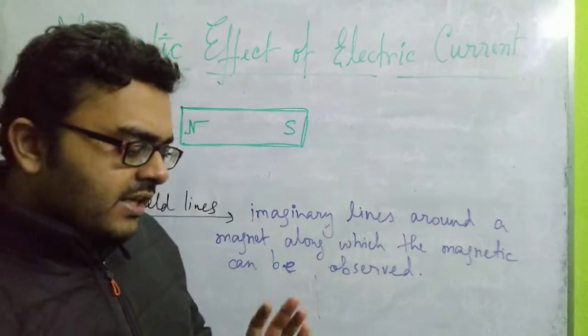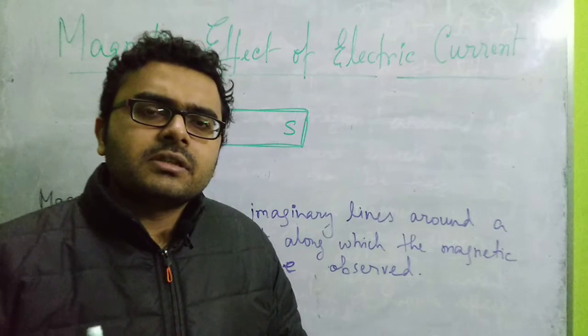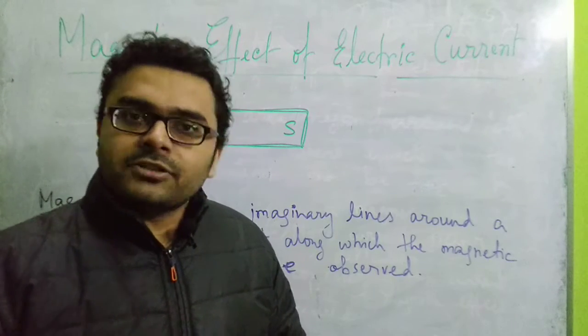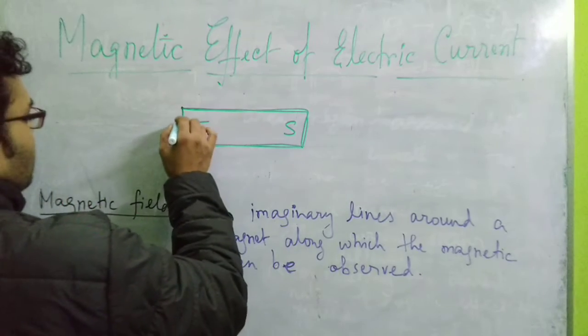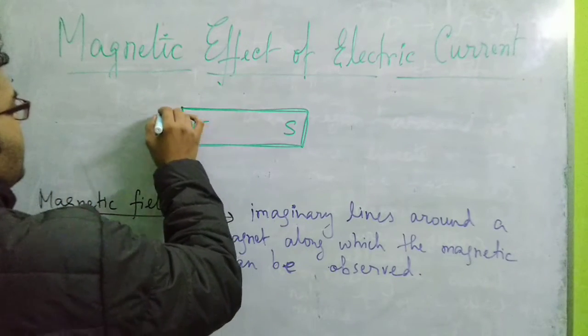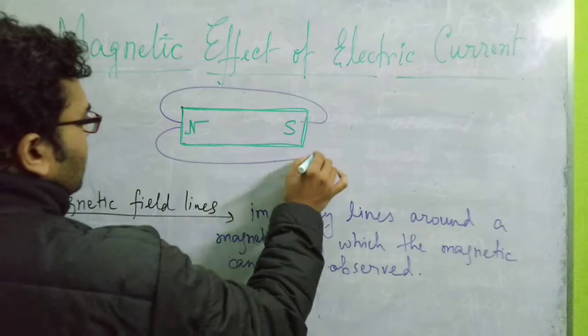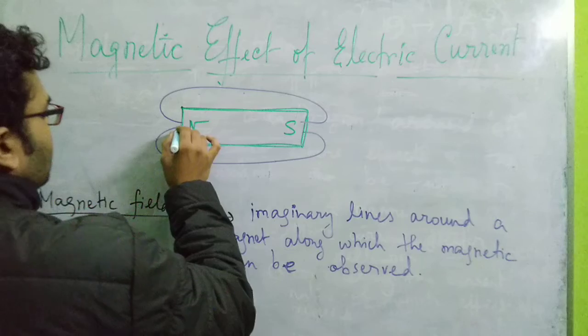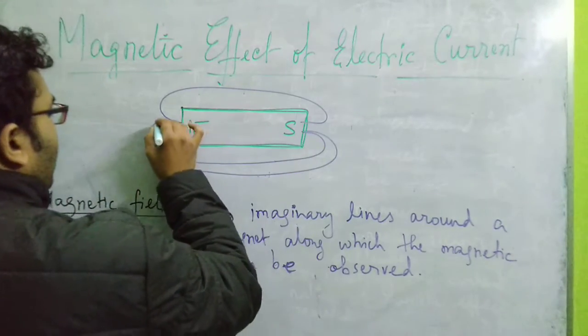So you can understand that those are the lines along which the magnetic field is actually working. These lines start from the north pole and end up on the south pole, like this. So these are the magnetic field lines.